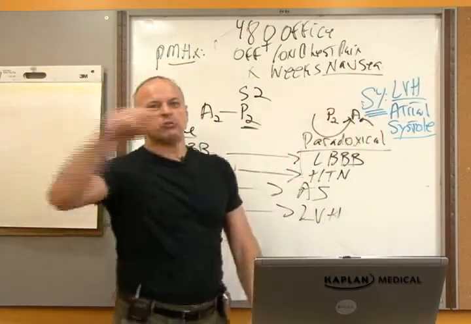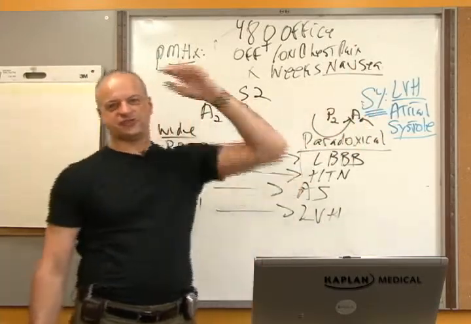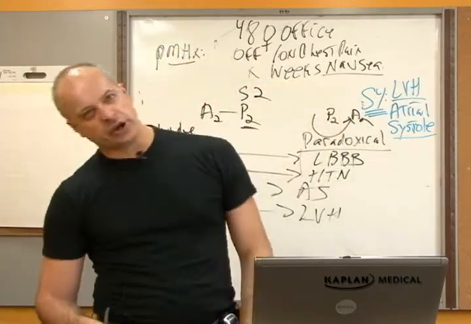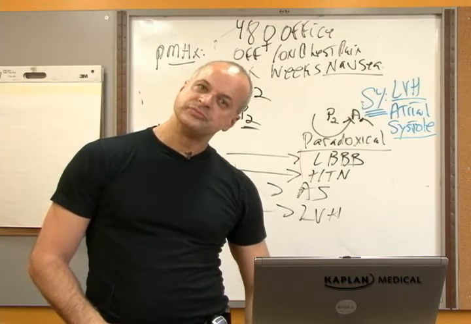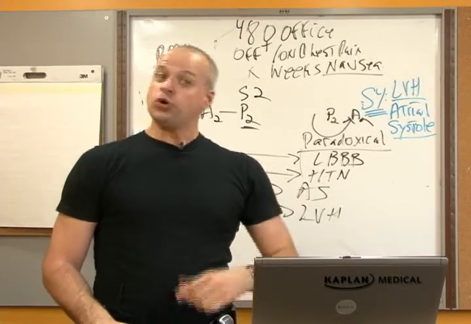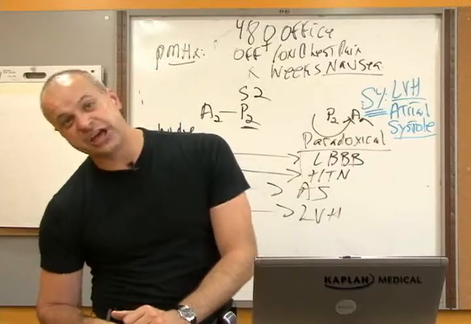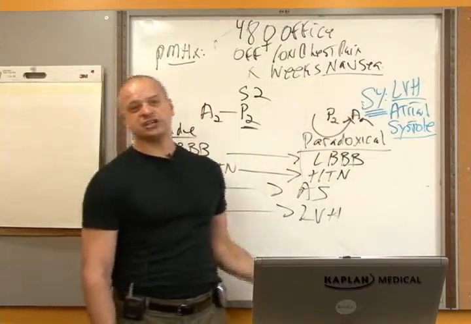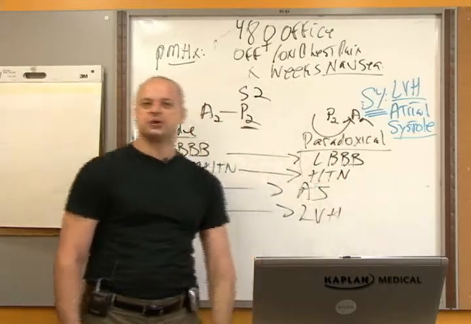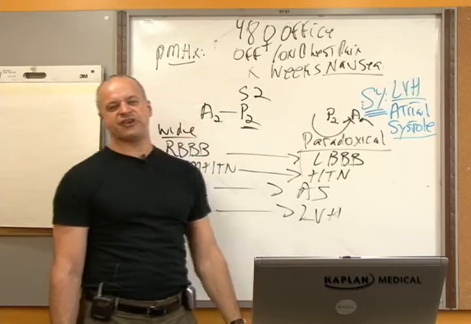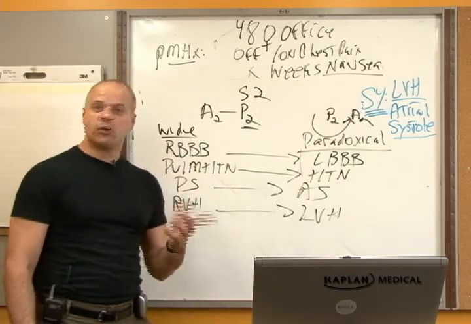The question says, what will you do differently based on the presence of this finding? Or the question can say, a person shows up with hypertension for the last 20 years. Which of the following physical findings is most likely to be found in this patient? An S4. What will you do differently based on the presence of the S4? Nothing. Why?